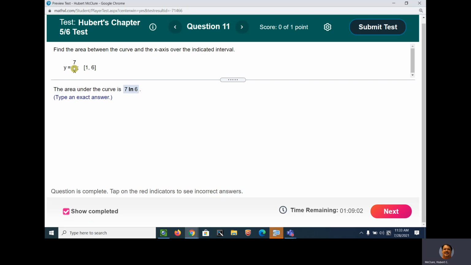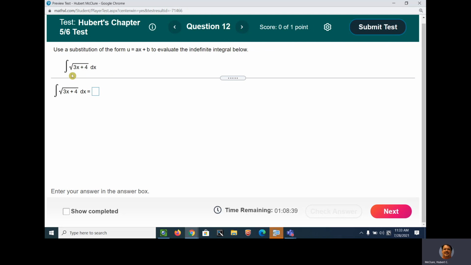And that's the natural log. So you could write it as 7 times 1 over x, and we know that the antiderivative of 1 over x is the natural log. So it comes out to be, since you can't take the natural log of 1, just the natural log of 6. And I think we may have done one like that in class.